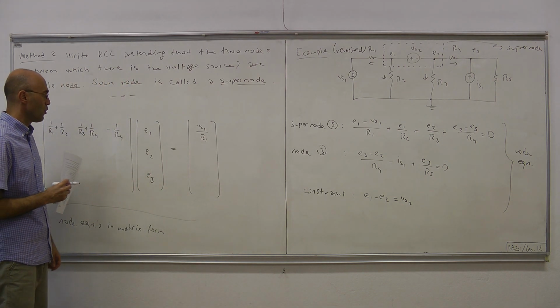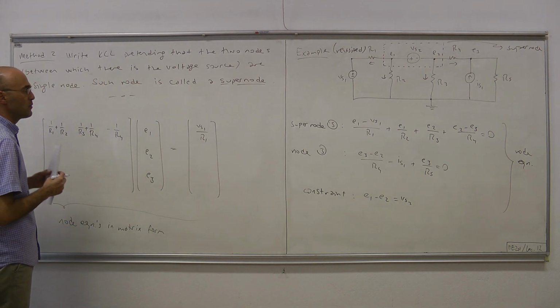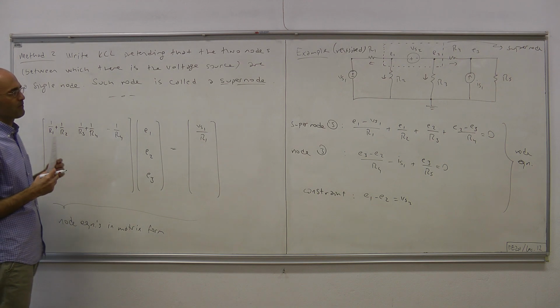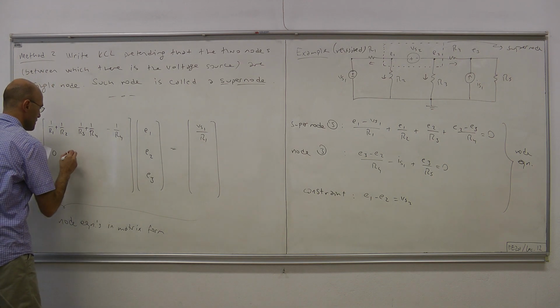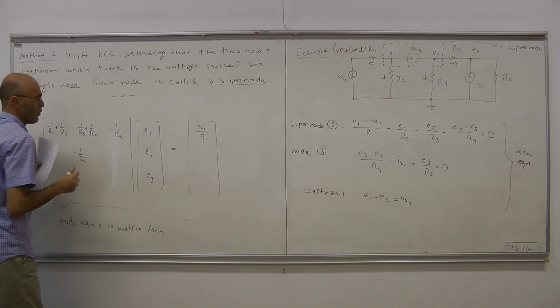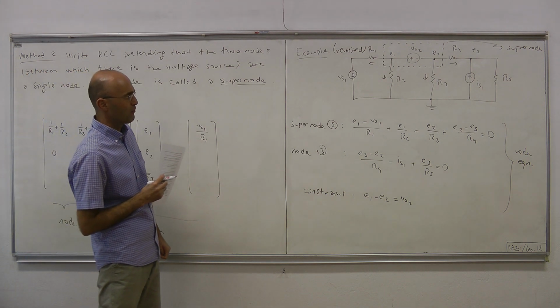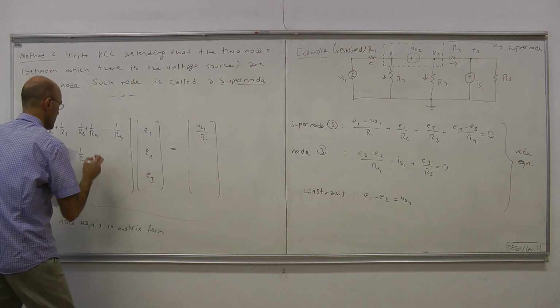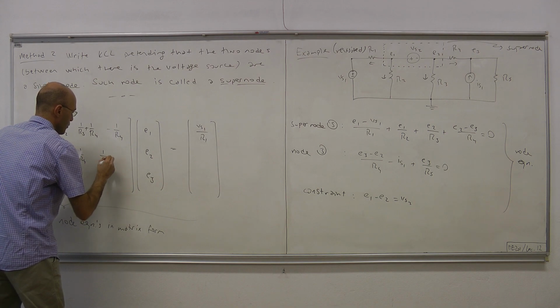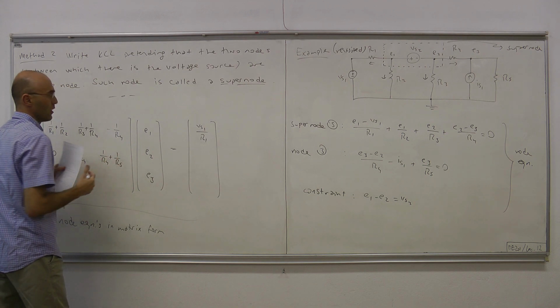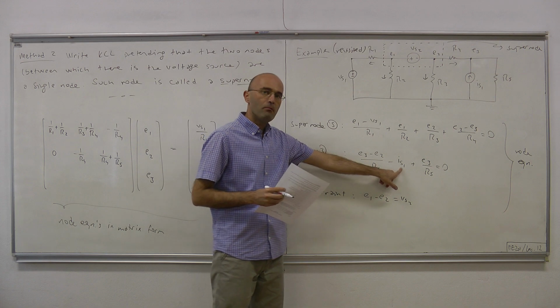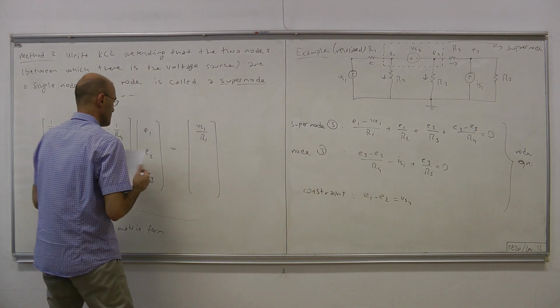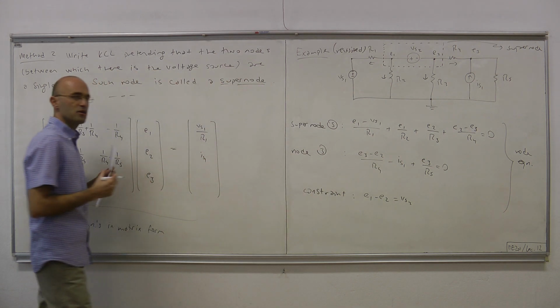For the second row, we look at the second equation. For E1 we have nothing. For E2 we have minus 1 over R4. For E3 we have 1 over R4 plus 1 over R5, and what remains is minus IS1. We throw it to the other side, it becomes plus IS1.